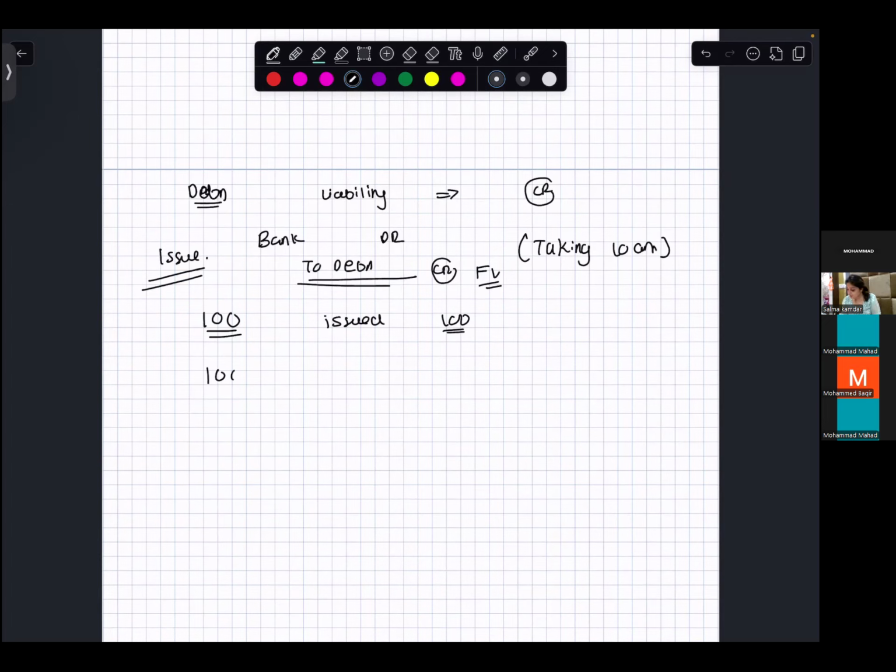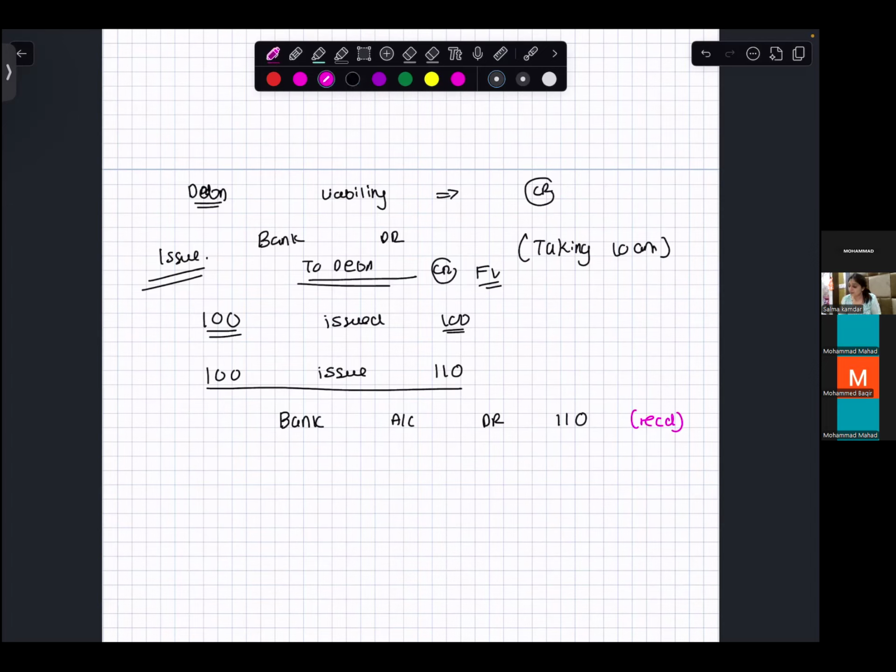Okay. Debentures of 100 issued at 110. How much will the bank account be debited? How much money are you going to receive? 110. So bank account will be debited with the money received.